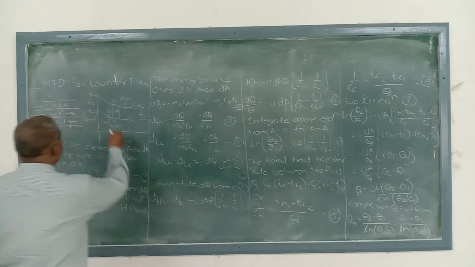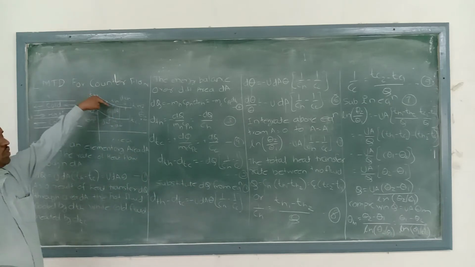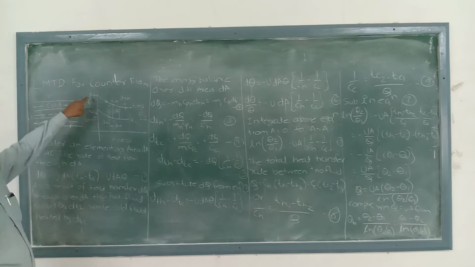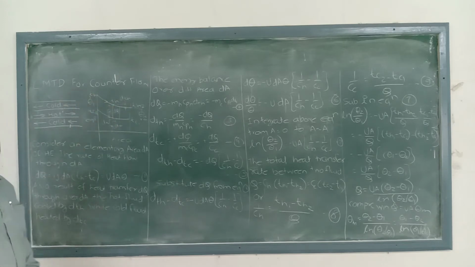You can find TH1 to TH2, so we are showing the arrow. TH1 enters at this point and exits at the TH2 point.